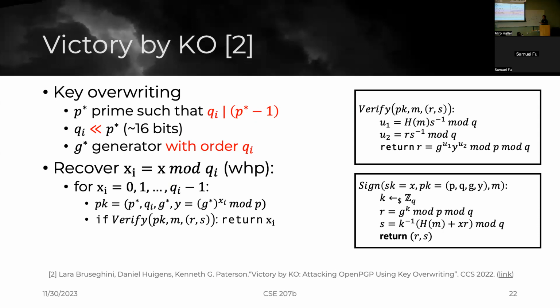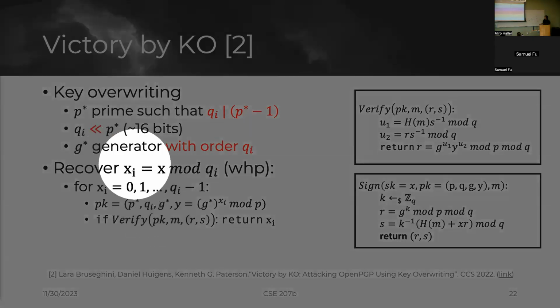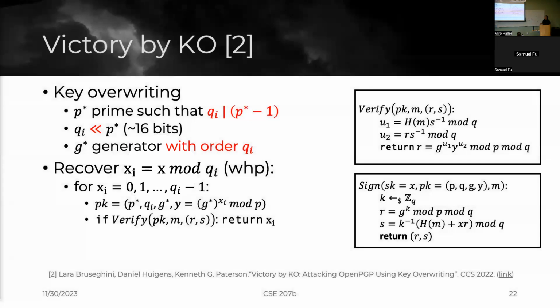And the way you can do this here is you can check every possible value for the secret key in this subgroup. So since the order of the group is Q_i, you take the actual secret key mod Q_i. But since Q_i is small, we can just try every possible value for x_i. And for the correct value, the verification for the signature needs to succeed, because it was a correct value, and it doesn't matter that you reduce it to a smaller prime, it still needs to succeed.